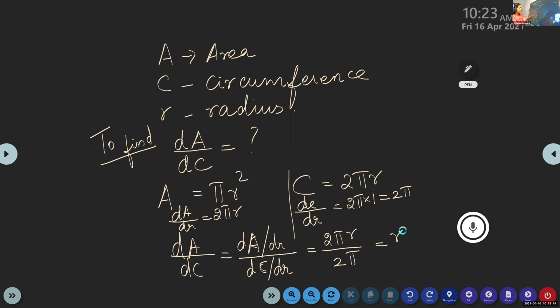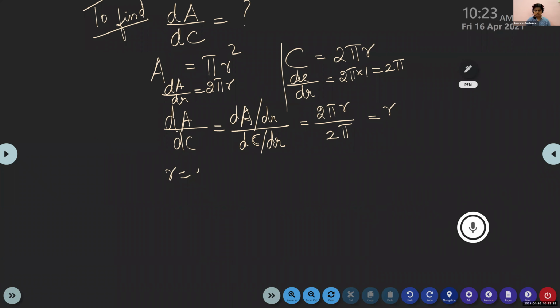Here the radius is given, isn't it? What is the value mentioned here? The radius is 2 centimeter. When r is 2, what is dA by dC? It is 2 centimeter.